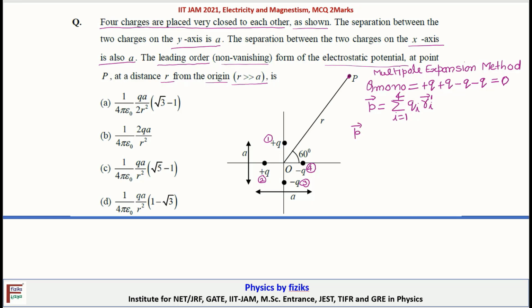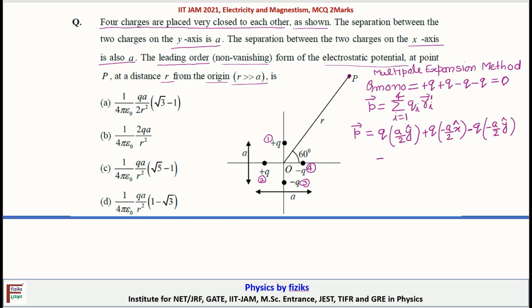So if we write p, let us consider the first charge, that is plus Q, and its position vector is a by 2 y cap. The second charge is also plus Q, and its position vector is minus a by 2 x cap. The third is minus Q, and its position vector is minus a by 2 y cap.